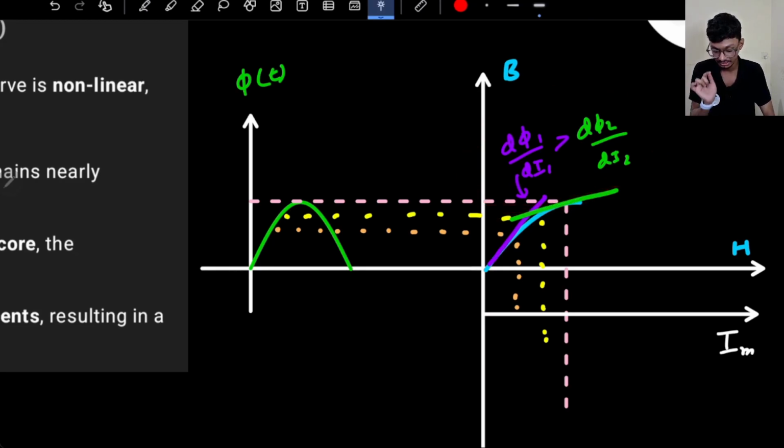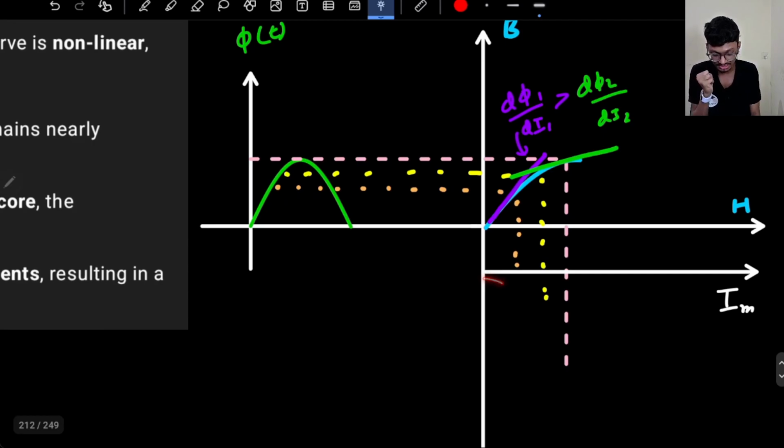Mathematically, this means that if there is some change in d phi, there will be very little change in di. Why? Because this is larger. If the numerator is constant for both cases, for the same change in d phi, and this quantity is larger, then the denominator has to be smaller. That means the change in current has to be smaller. So initially the change in current will not be that high.